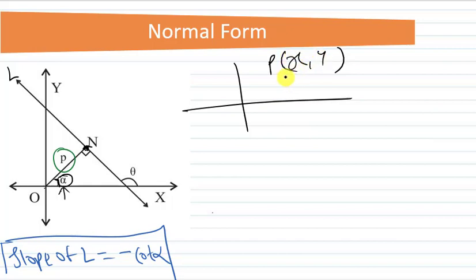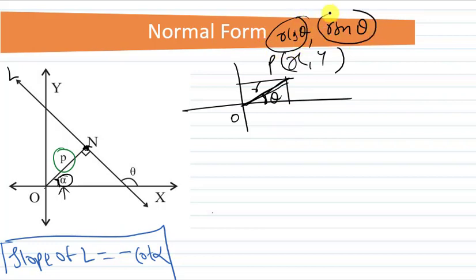What I have written there: if x and y are the coordinates of any point P, I can write x as r cos theta and y as r sin theta, where r is the distance from O and theta is the angle made by this distance, right? Here this we have seen. Okay. And if someone has not attended the last session, please go through that video. You will be able to find this relation. This is the basic one and you have seen this.